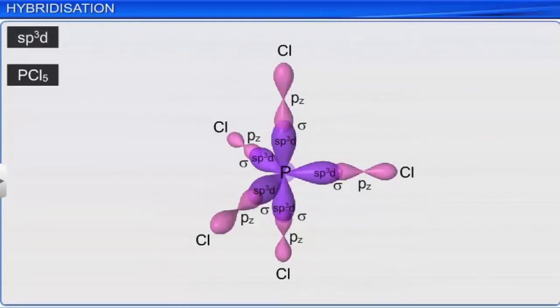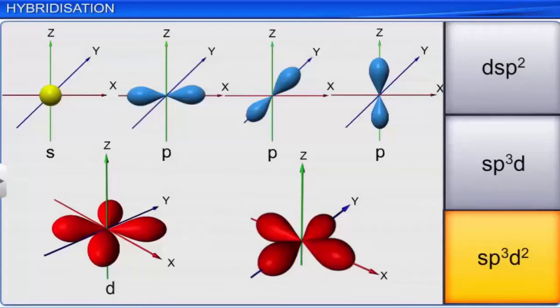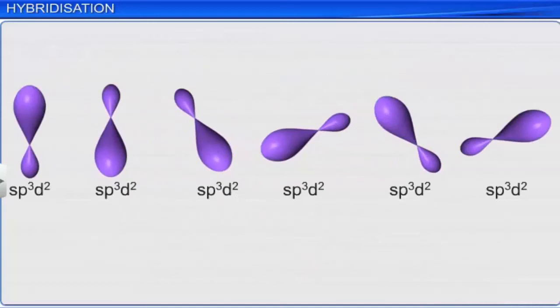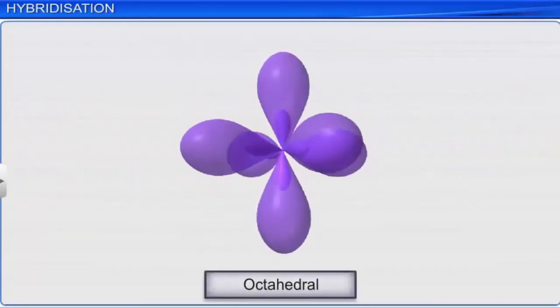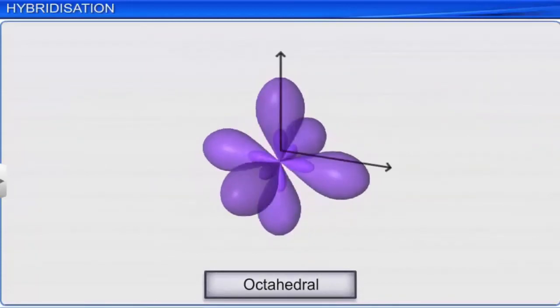In sp3d2 hybridization, one s orbital, 3 p orbitals, and 2 d orbitals combine to form 6 sp3d2 hybrid orbitals of equivalent energy. They have an octahedral arrangement and a bond angle of 90 degrees between the orbitals.